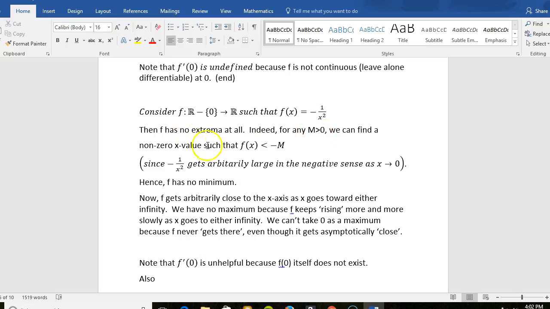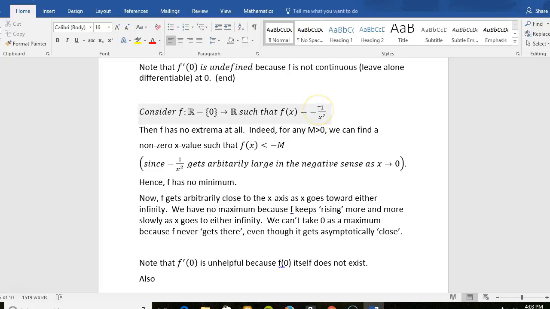But we can find an x such that f of x will be less than negative m. Because if x gets close enough to 0, negative 1 over x squared will be even more negative than negative m. So it'll be less than negative m.